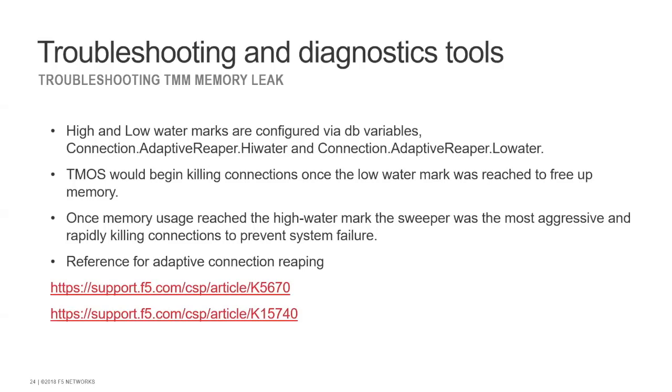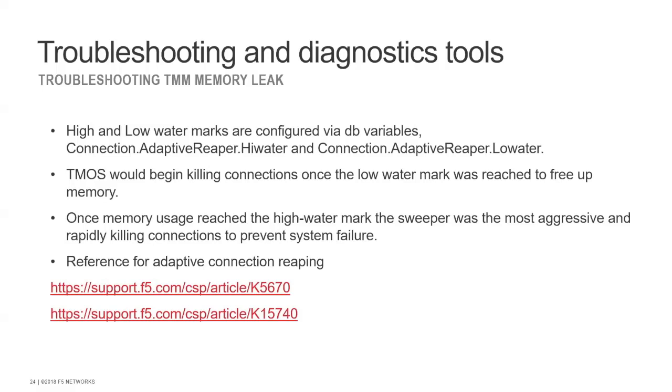Connection flows are removed once they have been idle for longer than the configured idle timeout value. To help mitigate possible attacks or overflows in system flows, the adaptive connection ripping feature monitors connection flows and system resources to dynamically adjust how aggressively and which connection flows to remove or rip.